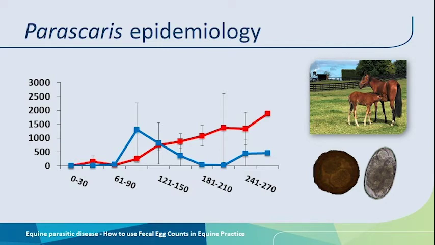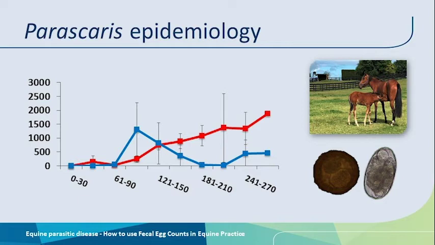And that coincides with weaning age in a lot of operations. So yet again, that's a stressful period. We want to make sure that we treat them with an anthelmintic that works against the parasite that is the dominating parasite at that point in time.